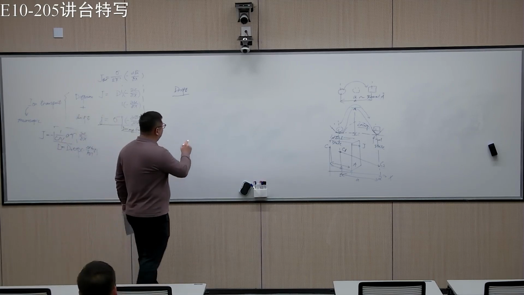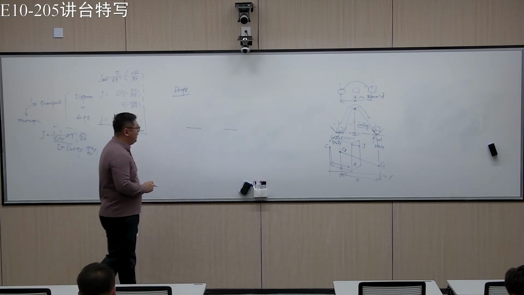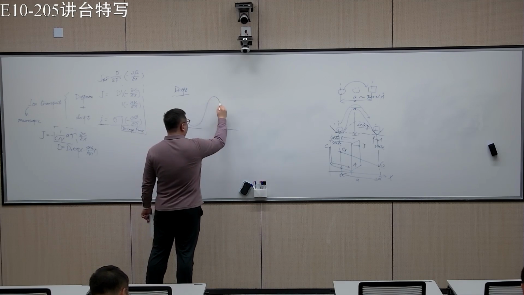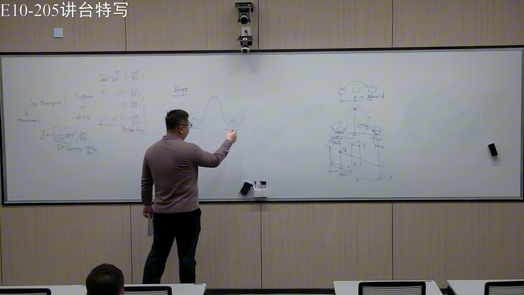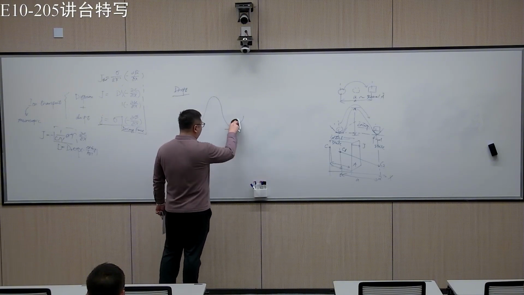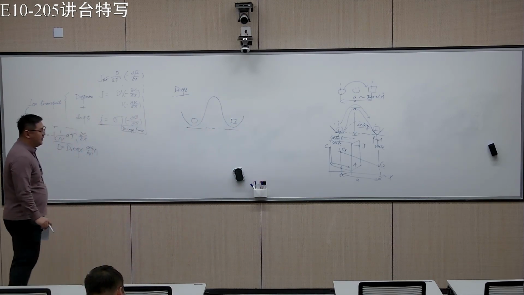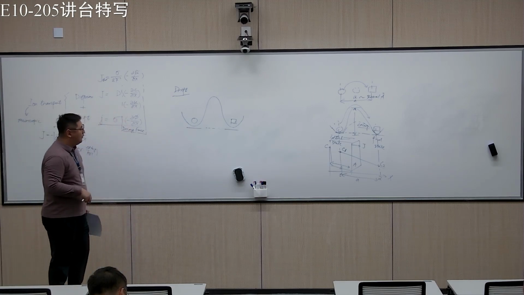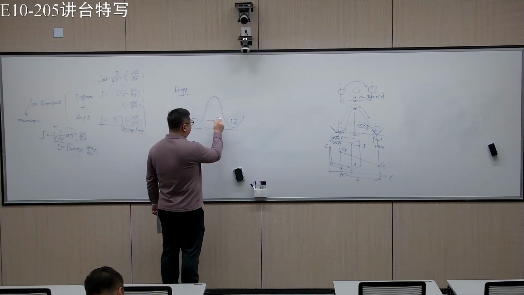However, for drift, that's not really the case. You can imagine that in the beginning you have this kind of barrier, and you can have ions here or here, doesn't matter. In the beginning, these two levels are on the same level. However, for drift, we are applying an electric field.